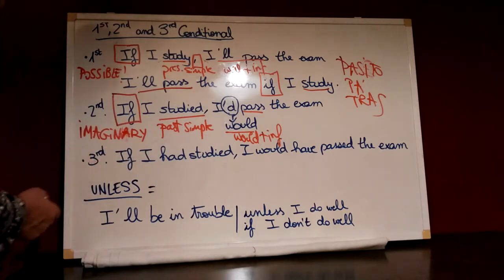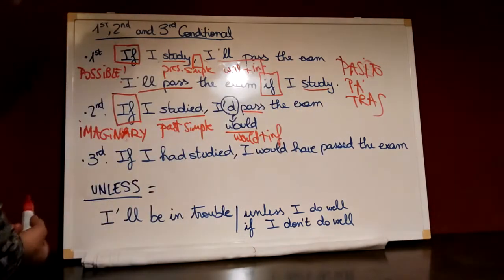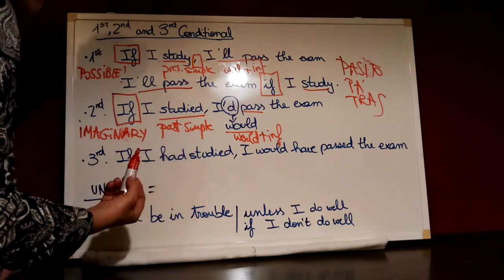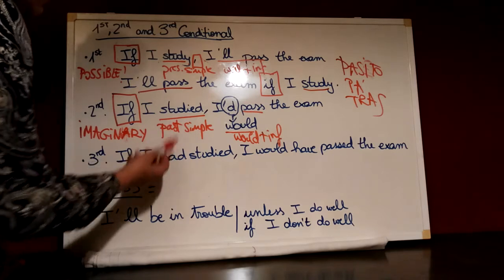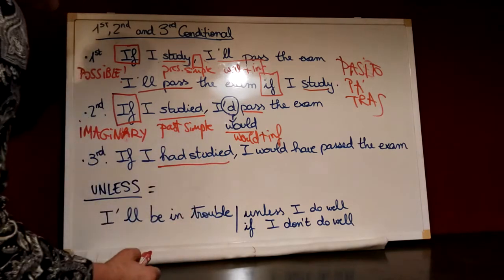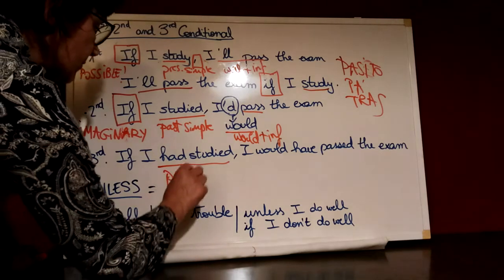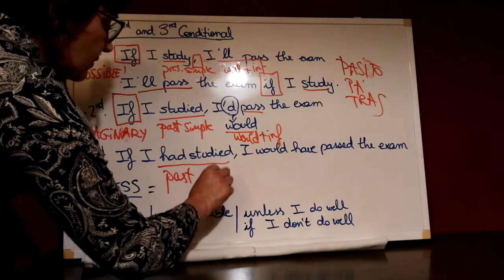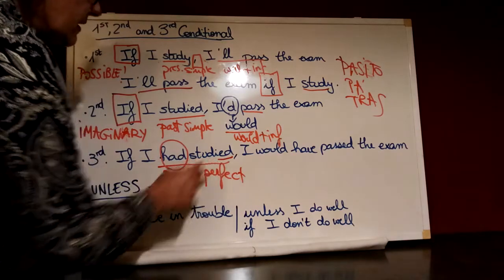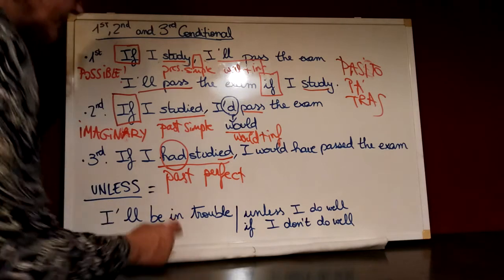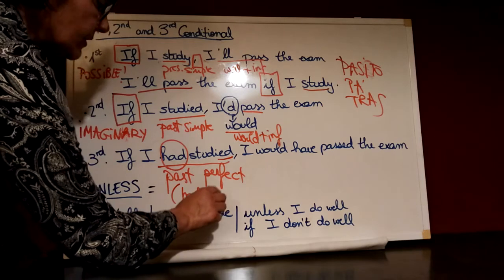What about the third conditional? In the third conditional, we go one pasito para atrás, one step backwards, one more. What is there that is more past than the past simple? Well, it's a past perfect. And so we have to use had and the participle. Okay? So had for all the persons and the participle.